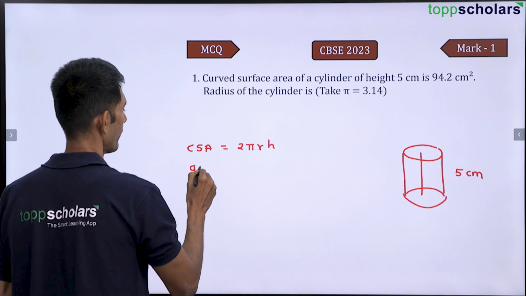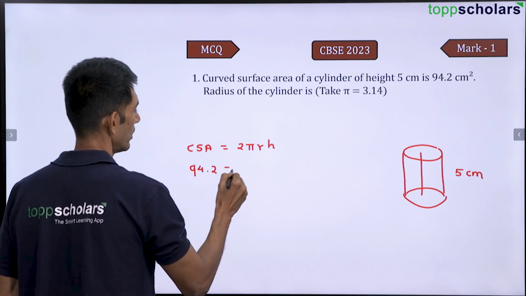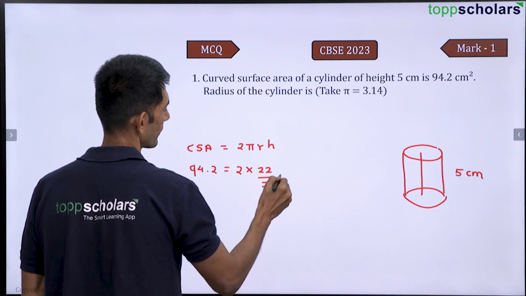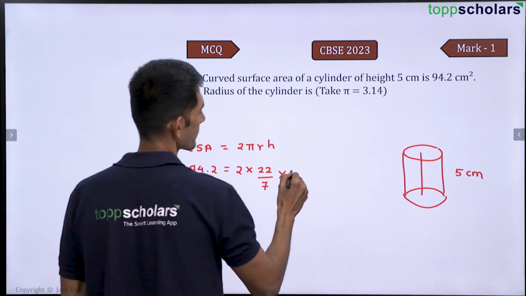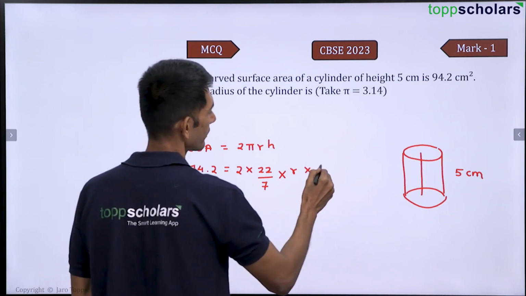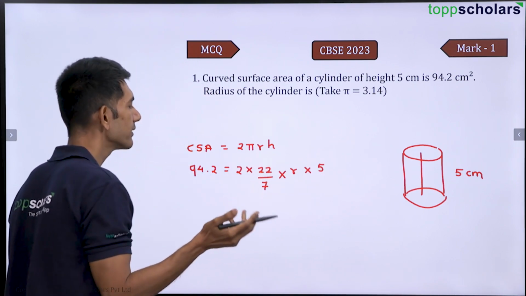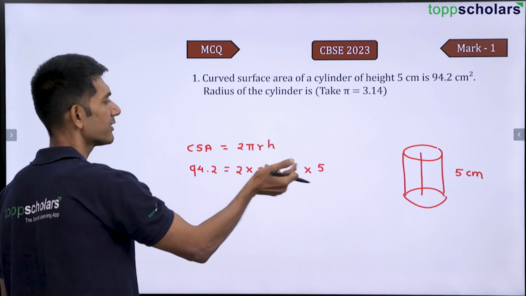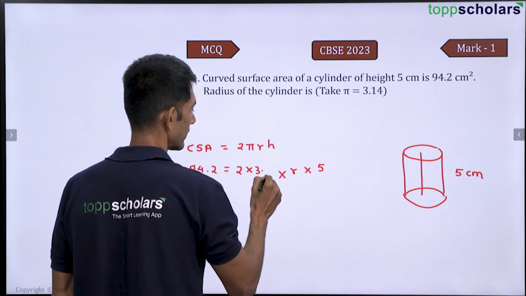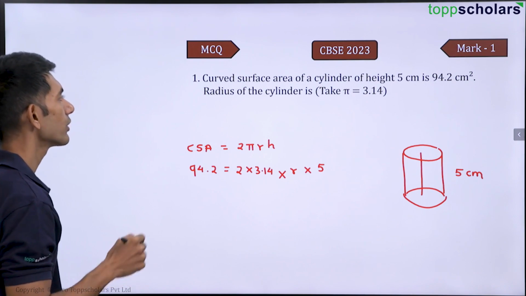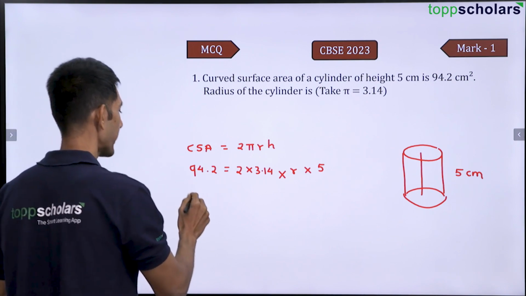So 94.2 is equal to 2 into 22 by 7 into R into H. H is how much? H is 5. Okay, they are telling us to take the value of pi as 3.14. Correct. So curved surface area of cylinder 94.2.